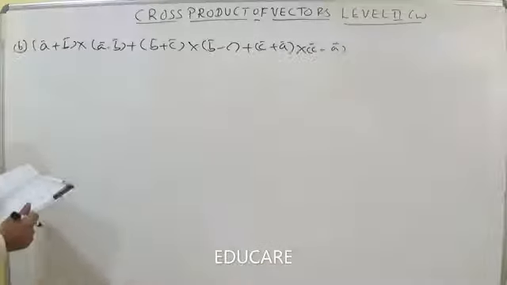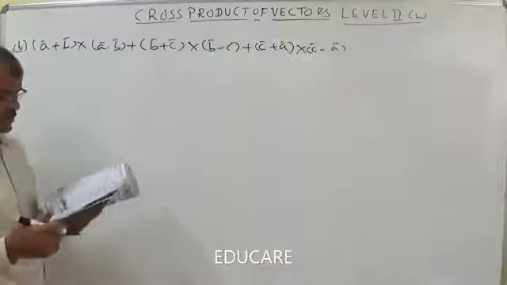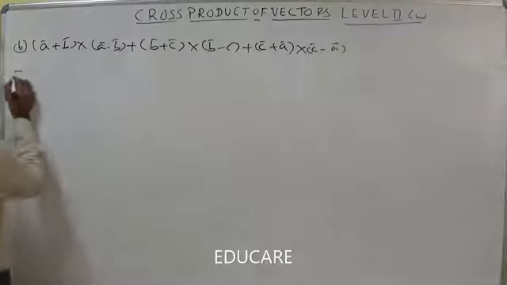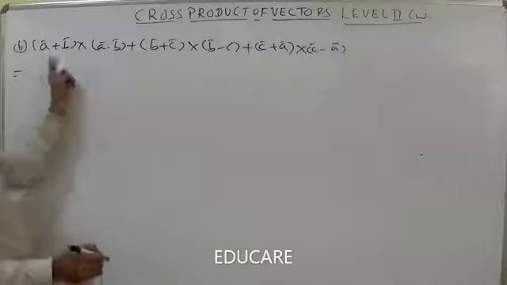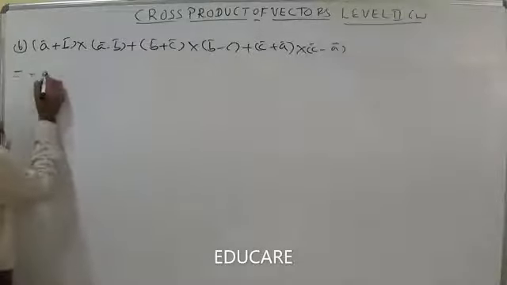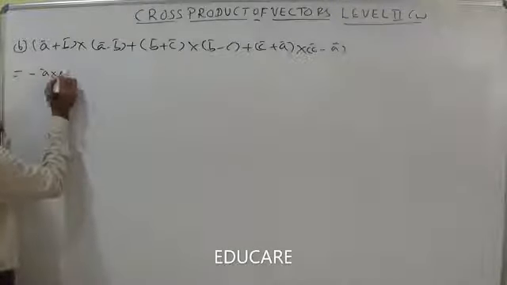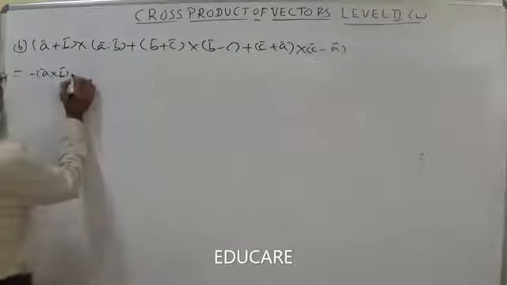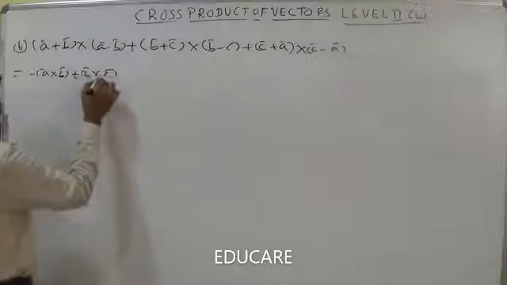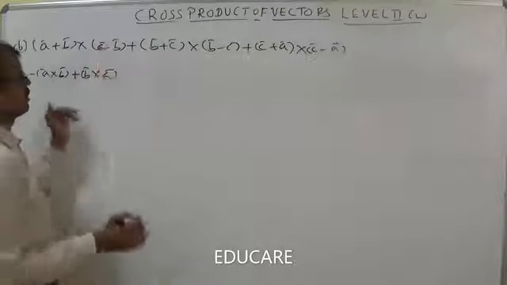A plus b cross a minus b plus b plus c cross b minus c plus c plus a cross c minus a. Now, using the cross product multiplication, a cross a becomes 0, no need to write. Minus a bar cross b bar. Next step, b bar cross a bar. Minus b cross b, no need to write.